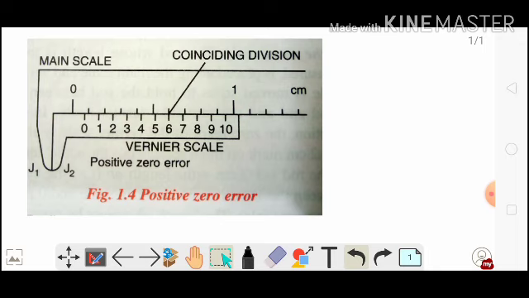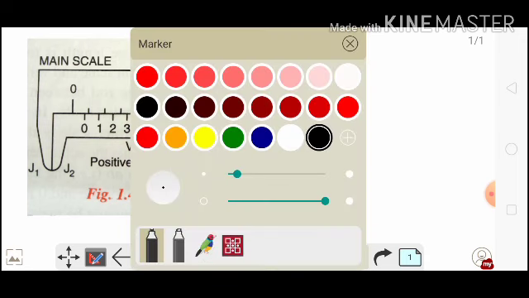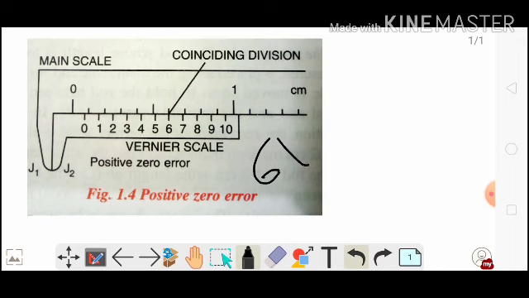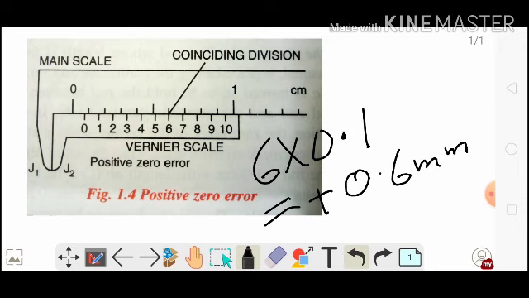So our positive zero error will be 6 multiplied by the least count, that is 0.1 millimeter. So our value of positive zero error will be plus 0.6 mm or plus 0.06 centimeter.